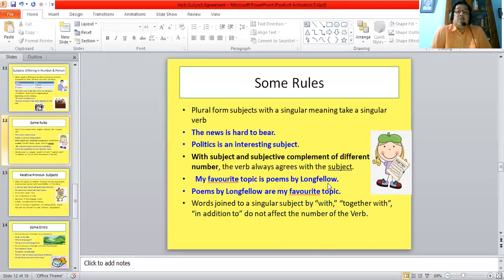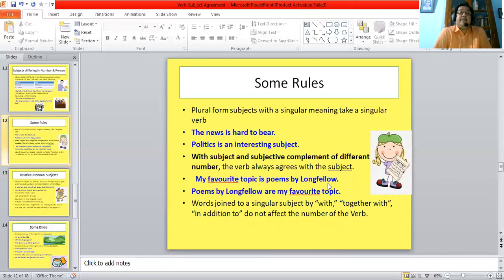Okay, so if I have the subject as poems over here, then it will agree with the subject, like poems by Longfellow are. Whereas my favorite topic is, okay, so I have the complement over here, but the subject is singular, then the verb will agree with the singular subject. Like my favorite topic is poems by Longfellow.